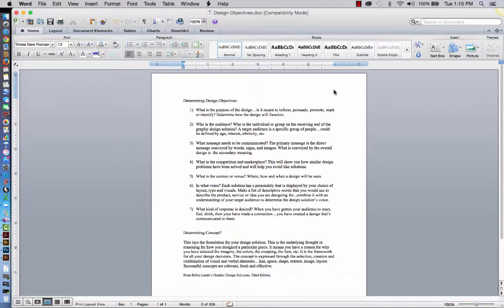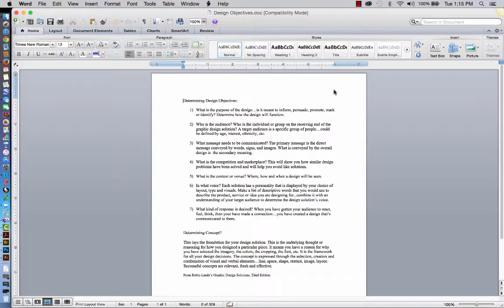The first one is to determine what's the purpose of the design. And by now you should know that there are a lot of purposes involved in developing a graphic design or design solution. It could be informational, like a textbook. It could be persuasive, like a political poster or advertisement.